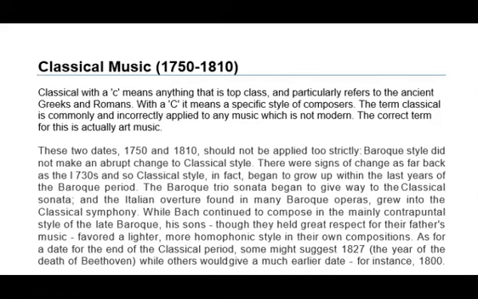Now, classical with a C, okay, means anything that's top class. So that's small c. So it can be a book, or literature or art, anything that is top class, and particularly refers to the ancient Greeks and Romans.